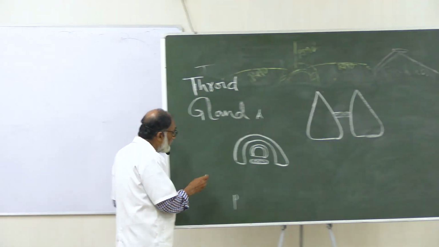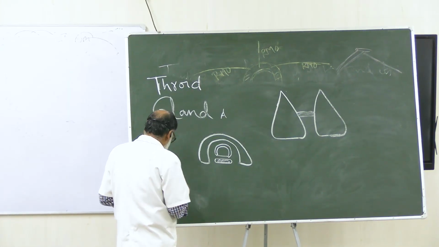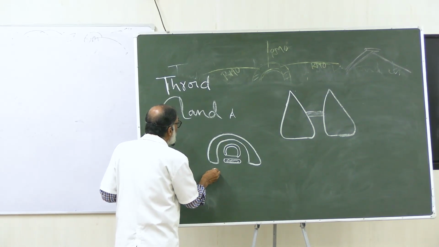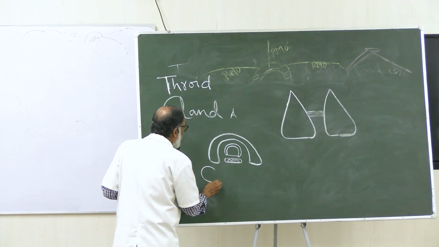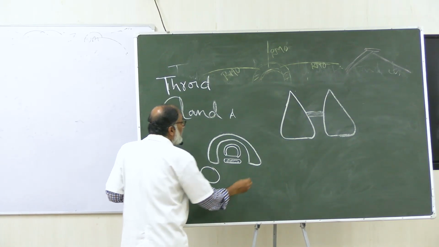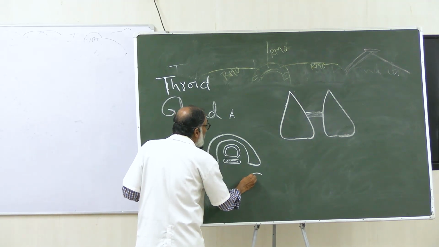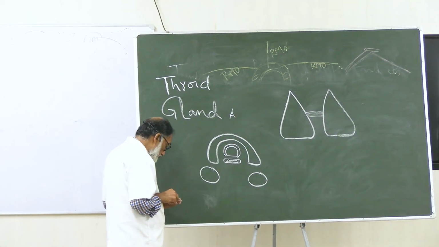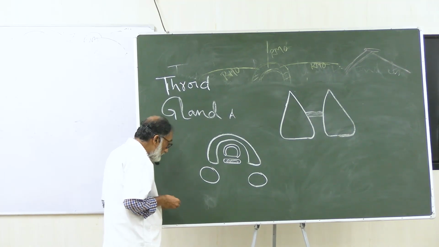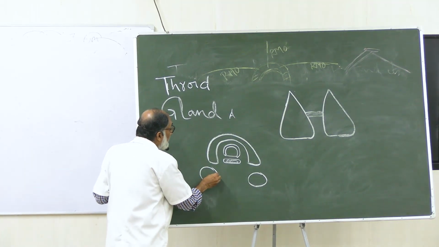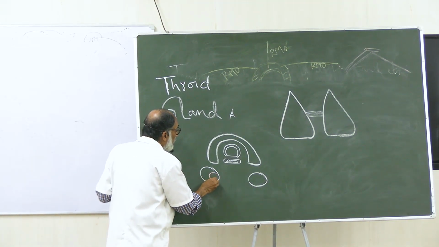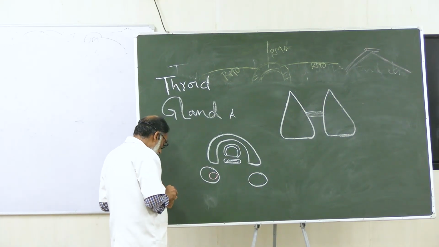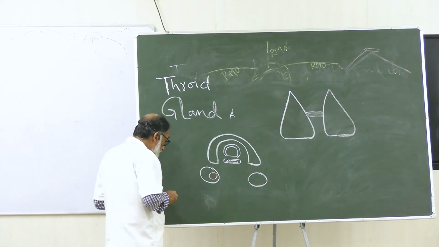Near the posterior surface lies the carotid sheath. And you know the carotid sheath contains the common carotid artery and internal jugular vein.